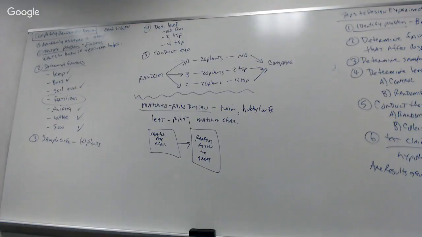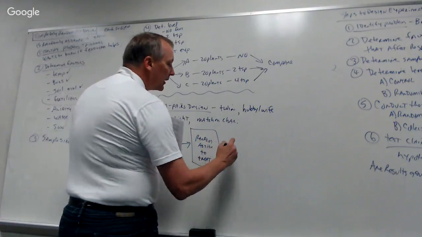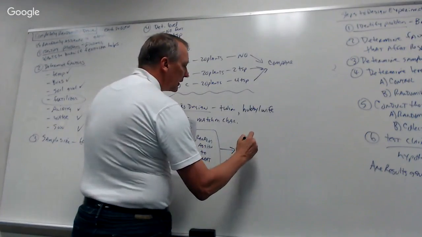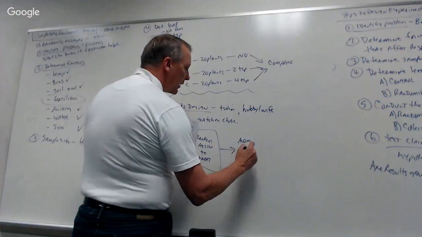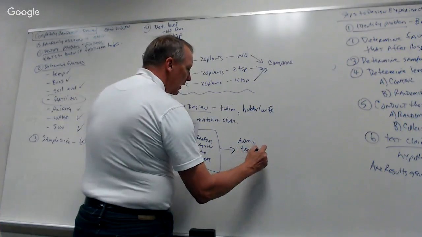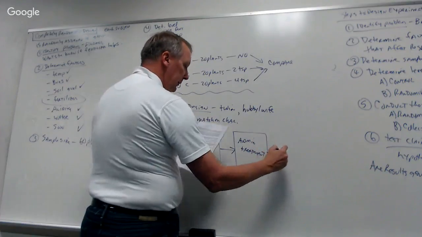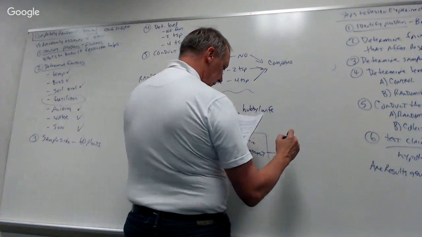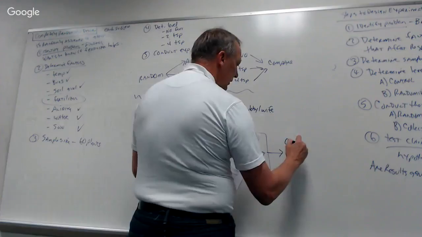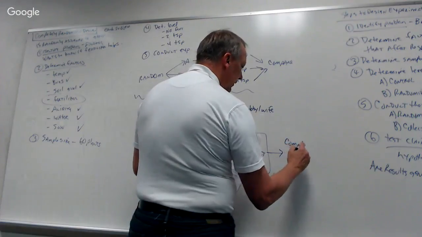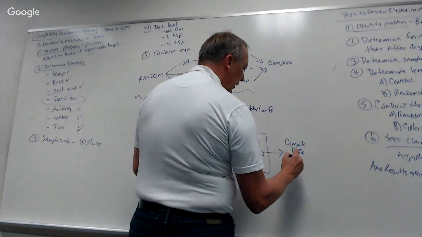So they get out of jail, they have this guy, an adult, that was a good role model. And so then they administer treatment. Okay. And then the final step would be to compute the difference for each pair.